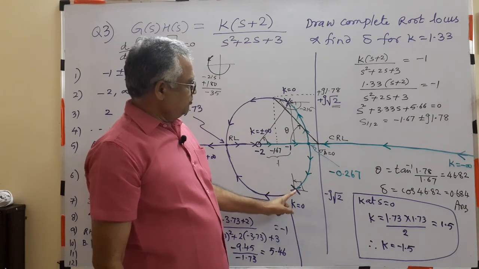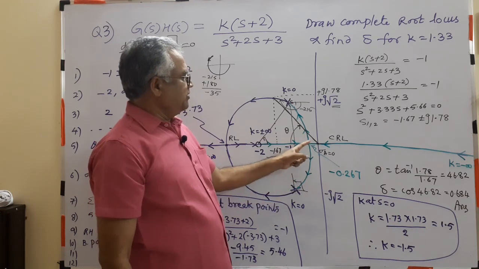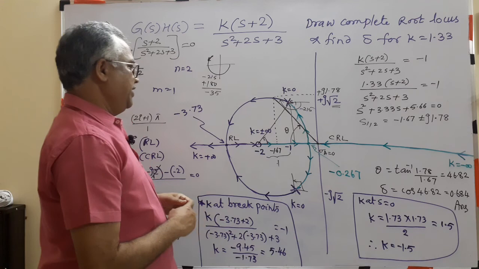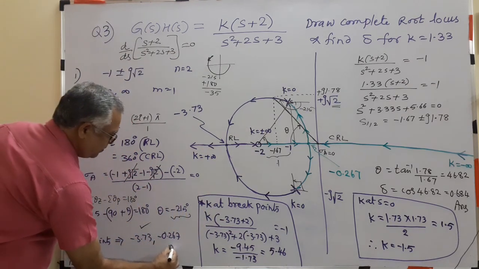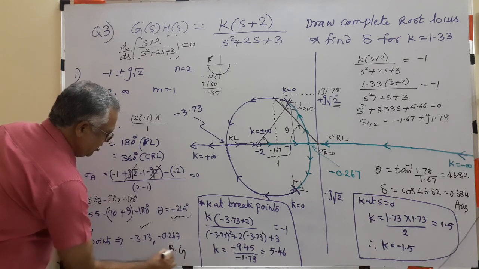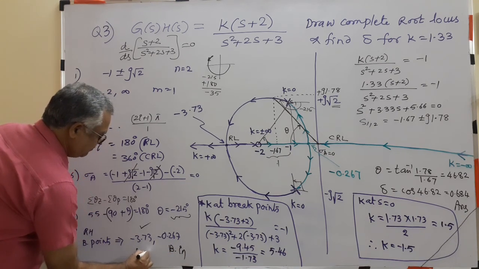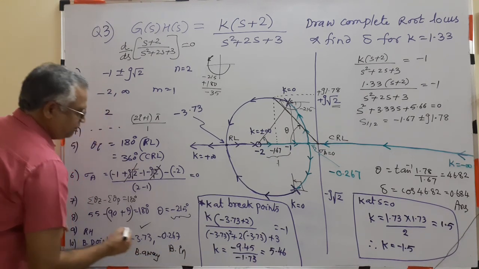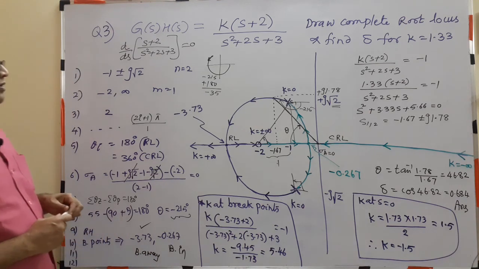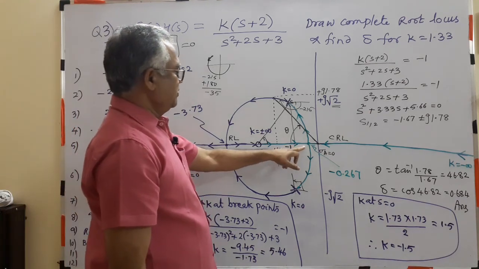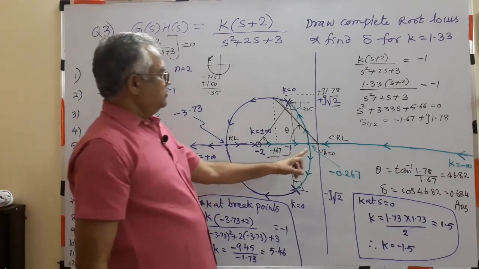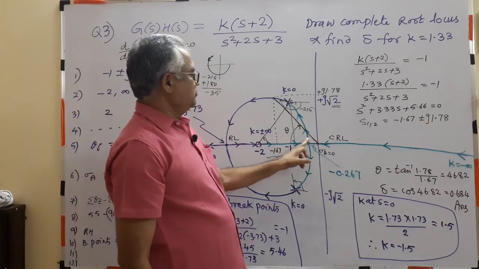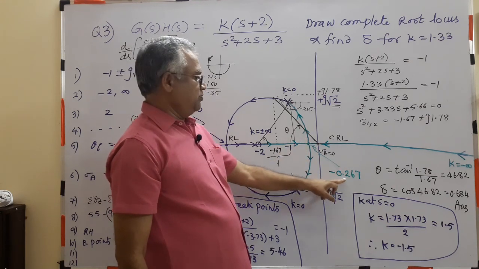Again, if you project back, they are intersecting here. This is another break in point. This is break in, this is break away. So what is the break in? Minus 0.267. This is 0, this is minus 1. So there is a break point here, minus 0.267.